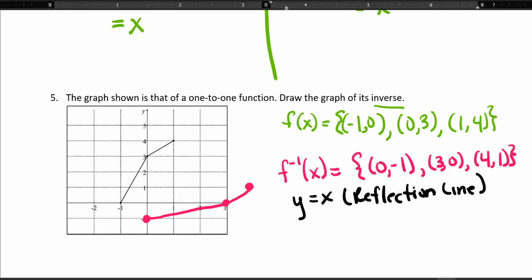If x is -1, y is -1. If x is 0, y is 0. So this would be our reflection line that I'm drawing here.